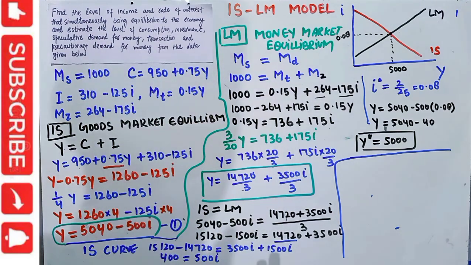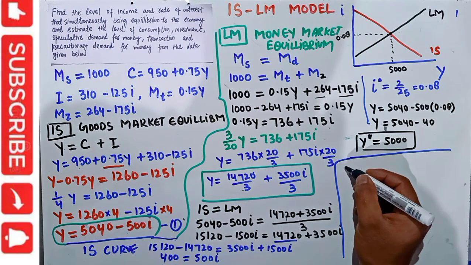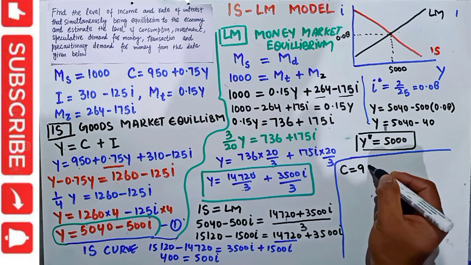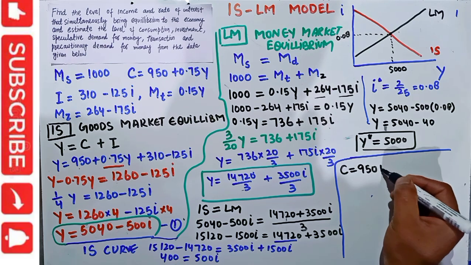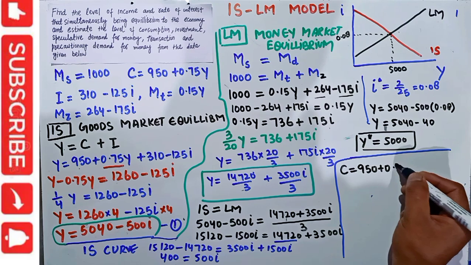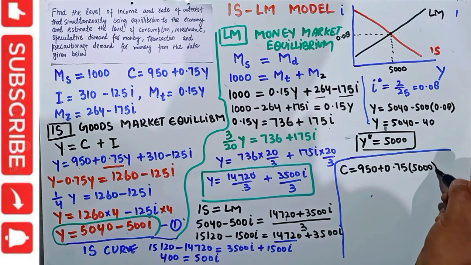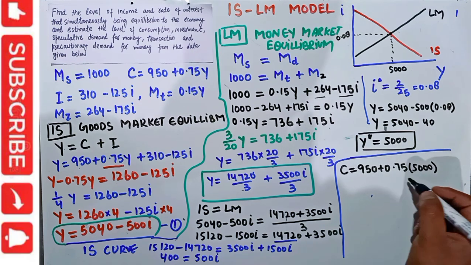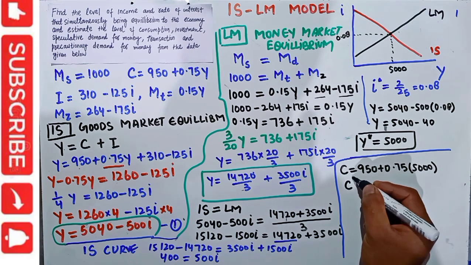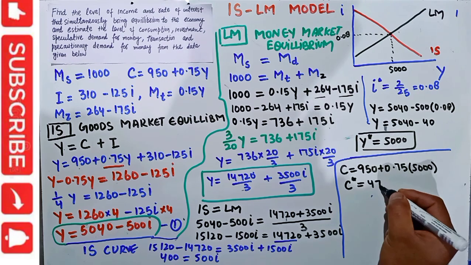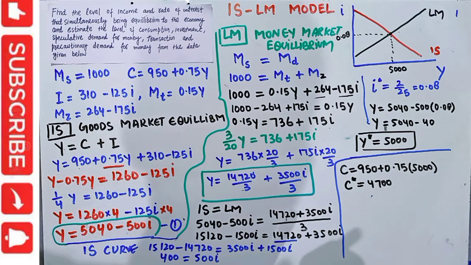So to find the level of consumption, we write C is equal to 950 plus 0.75 times Y, where we got Y as 5000. When you solve this, we will get the level of consumption equal to 4700.